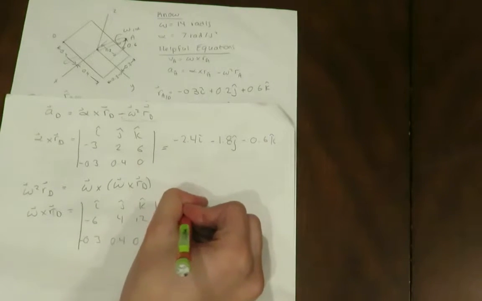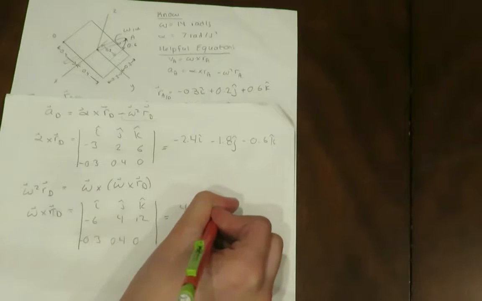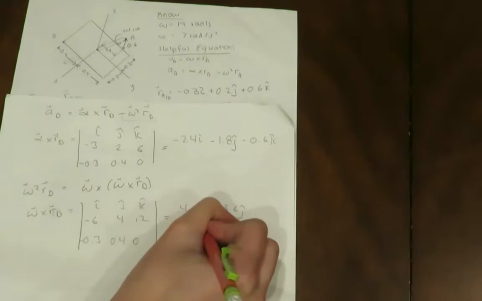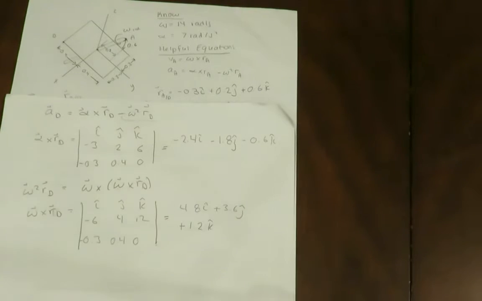When we work out this cross product, you will end up with 4.8 i hat plus 3.6 j hat plus 1.2 k hat.